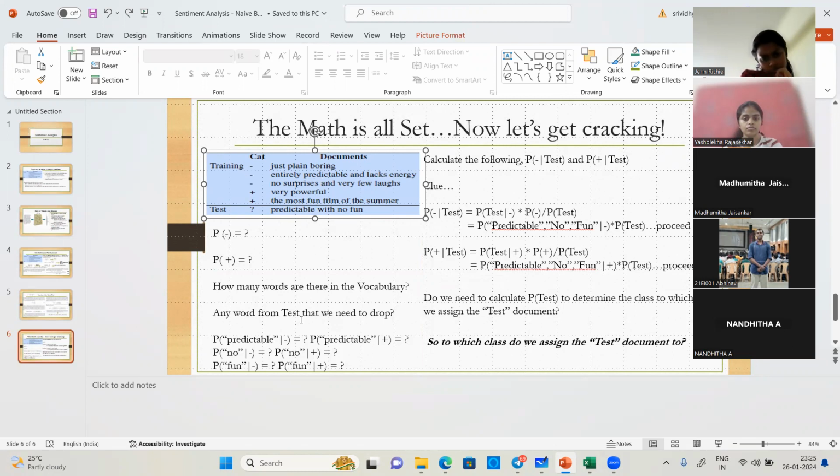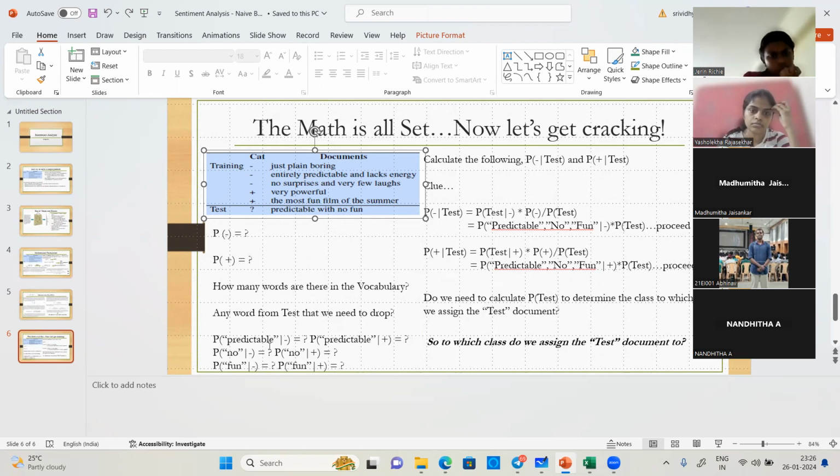Let's say there's no Laplace smoothing, okay, for the time being. What would be the probability of predictable given negative class? How many occurrences of predictable are there in negative class? 1. Sorry? There's 1 occurrence. 1 occurrence. And then how many words are there in negative class?